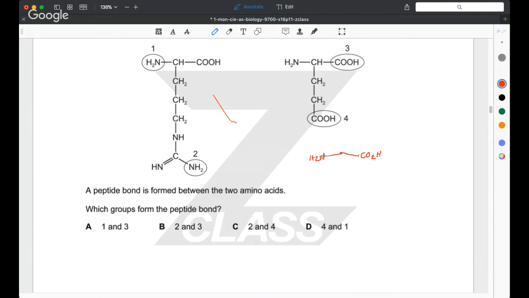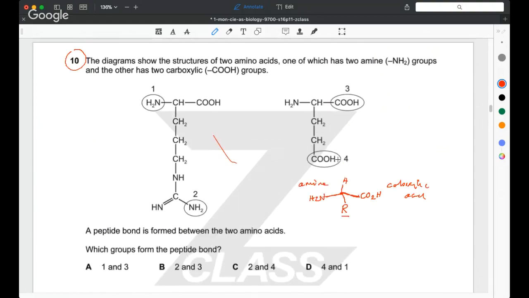So you've got amino group, carbon, carboxylic acid, and a hydrogen, and then all the different side chains that give you the 20 different amino acids. But the commonality between all the amino acids is that amine there, the carboxylic acid there, the carbon in the middle there, and the various side chains that give you the different amino acids.